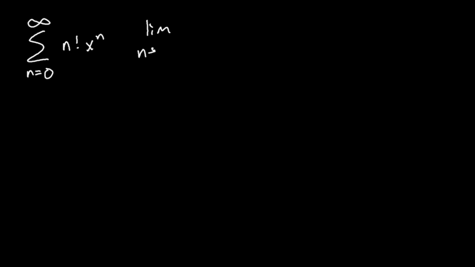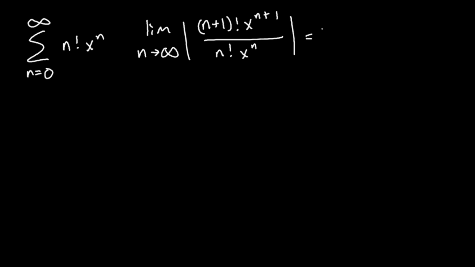Limit as n approaches infinity of the absolute value of (n plus 1) factorial times x to the power of n plus 1 over n factorial times x to the n.